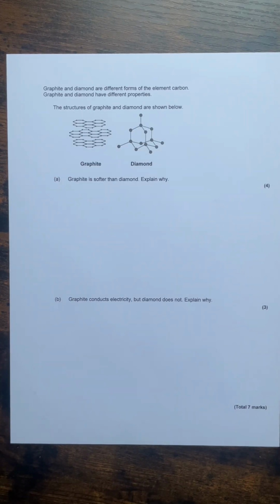Now, it might be that they break down the different properties into two different questions, or it might be that you have more of a 6-mark answer where you have to compare multiple properties in kind of all the same part of the question. Either way, it doesn't really matter how they present it.